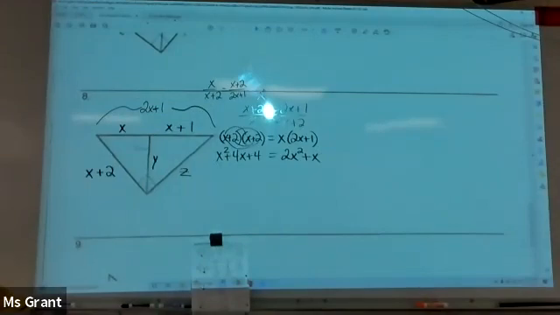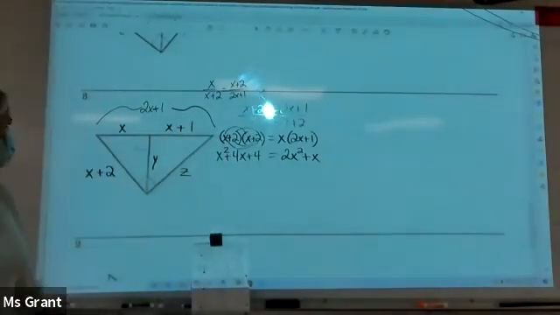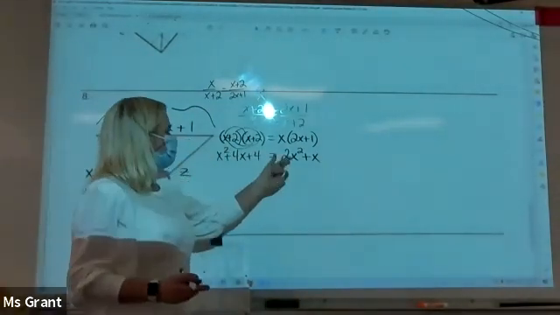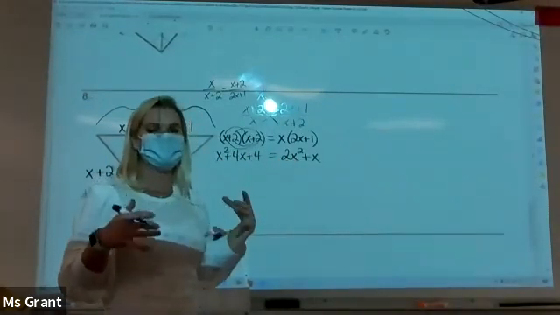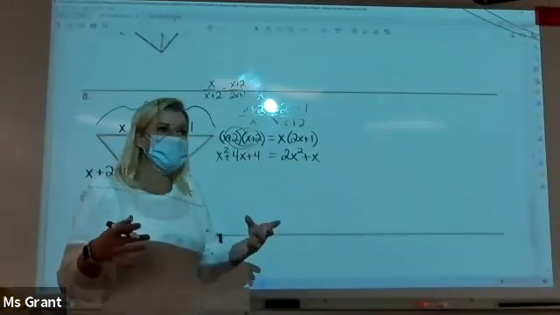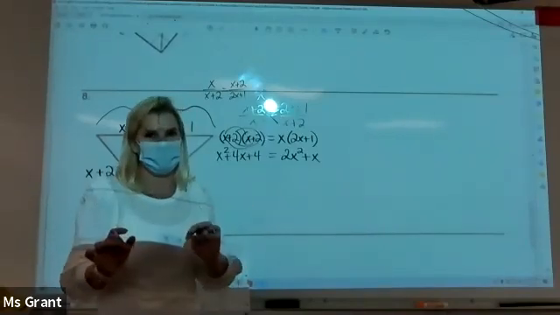You need to get everything on one side. If I subtracted the 2x squared over to the left, I would get a negative x squared. That means my leading coefficient would be negative. I don't like that when I factor.